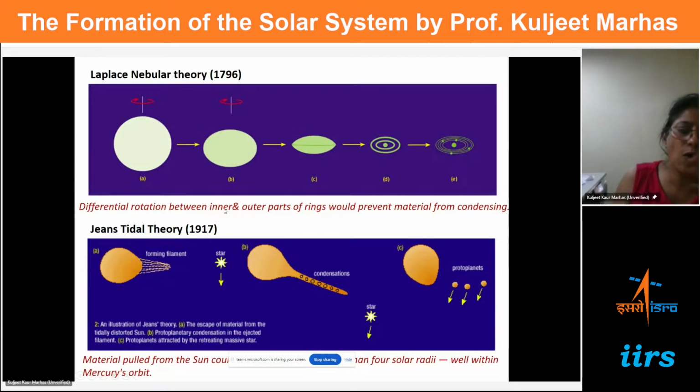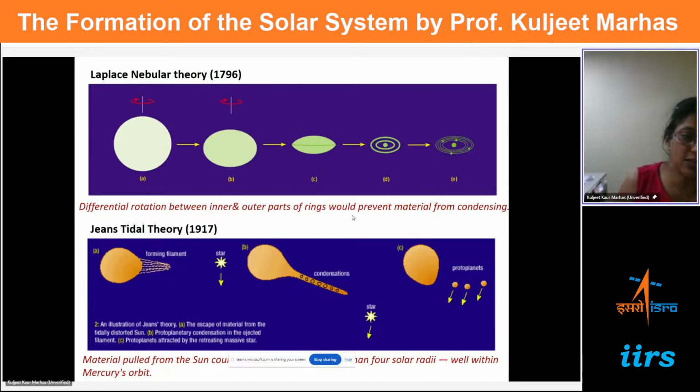The problem with this kind of system was that the differential rotation between the inner and outer parts of the rings would prevent the material from condensing. The planets wouldn't form the kind of system they had given. This is not a detailed version. I would expect you to read a detailed version if you really want to know about this.